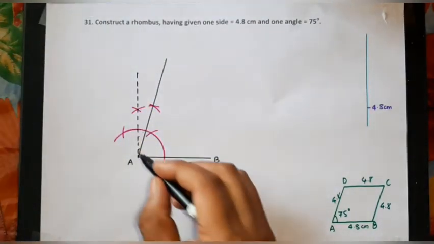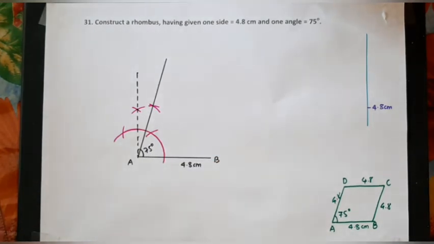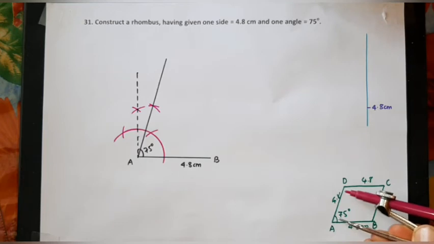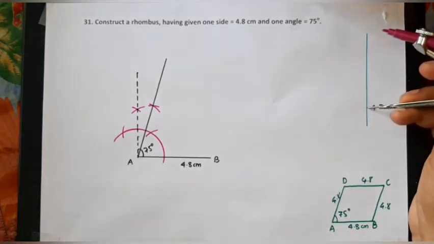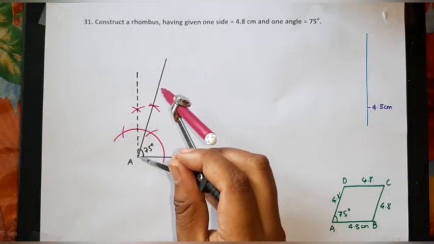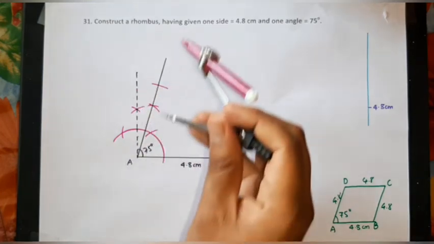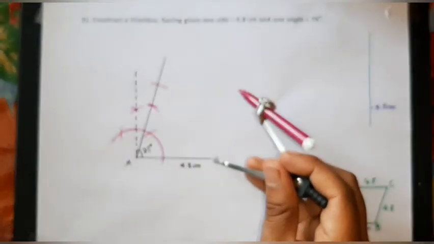So this is my 75 degree, right? Now from 75 we have to take AD to be 4.8, so I'm taking a measurement of 4.8, and let me cut this extended line. So this is my 4.8, and from B also it is 4.8.